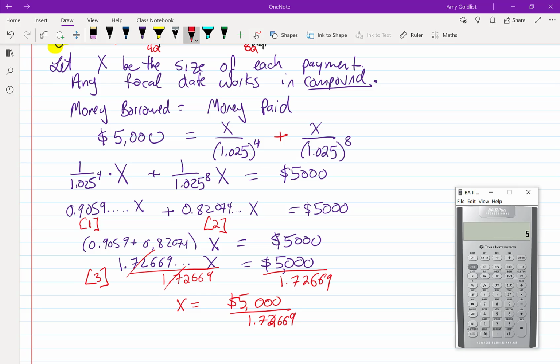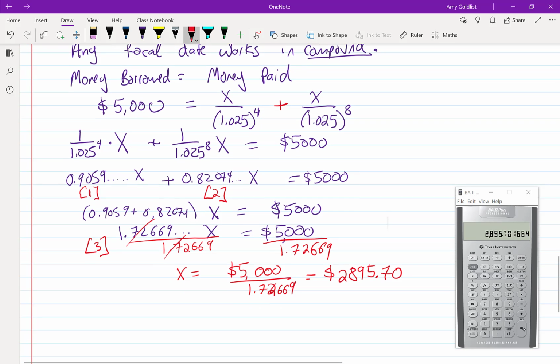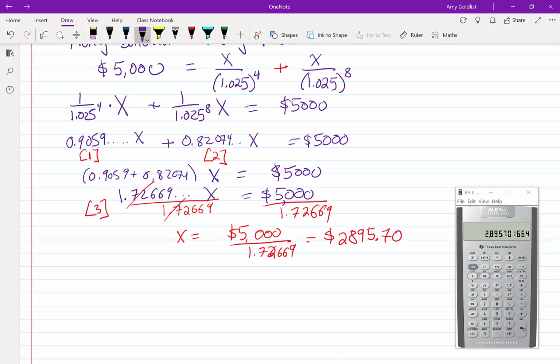I'm going to clear $5,000 divided by recall 3 is this, 2895.70. It's different than we had before. And I'm going to end this with a sentence. Each payment is $2,895.70.